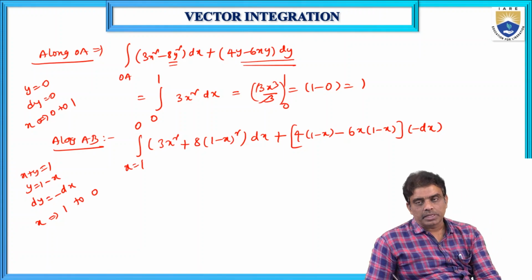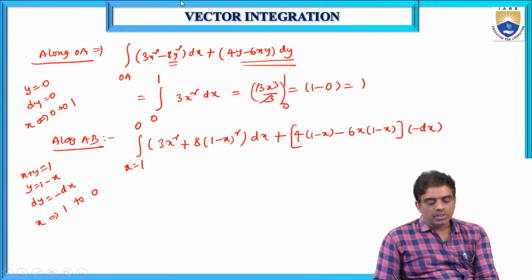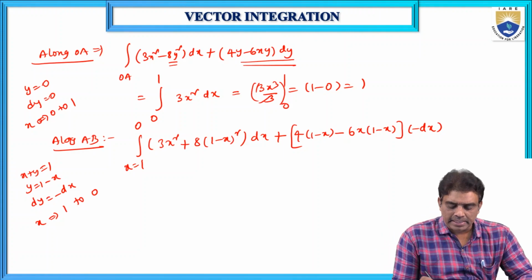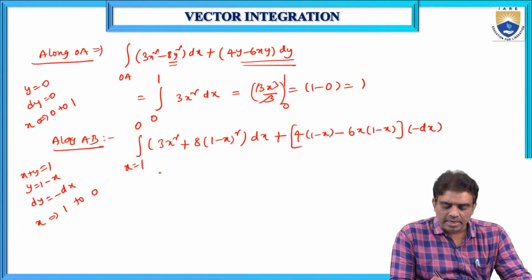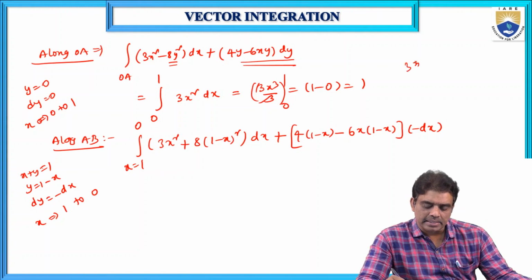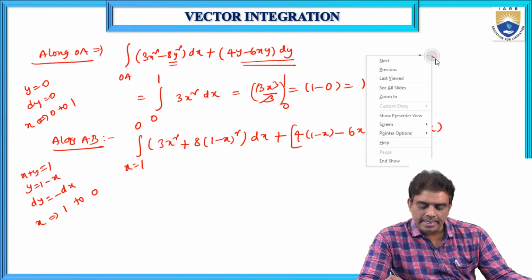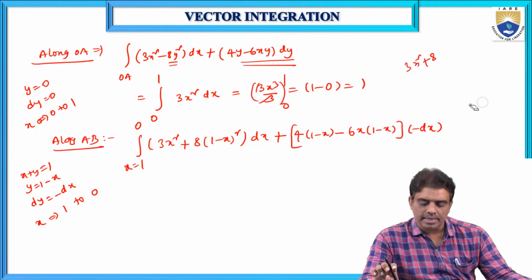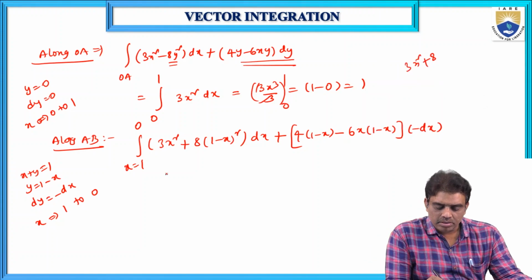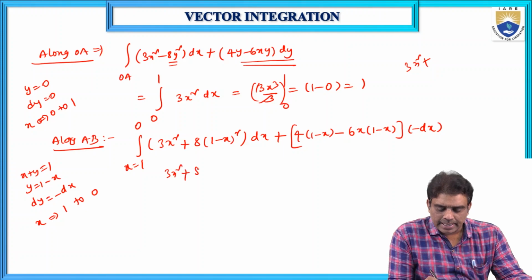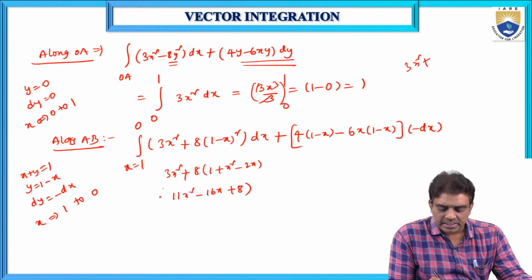So the equation x plus y equals 1 is the line equation, so y equals 1 minus x, and dy equals minus dx. On expanding, what you will get: 3x square plus 8 into (1 minus x) whole square, that is 1 plus x square minus 2x. That is 8 plus 3, 11x square minus 16x plus 8. That is the first term.